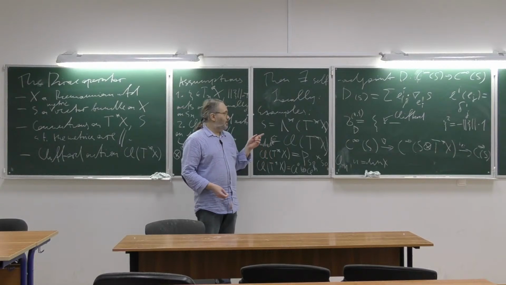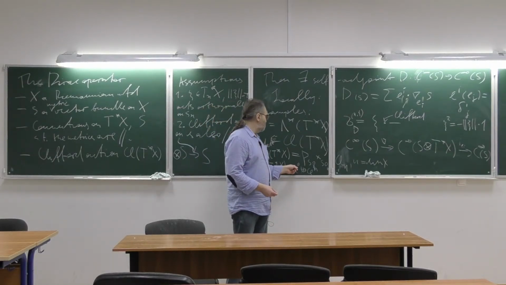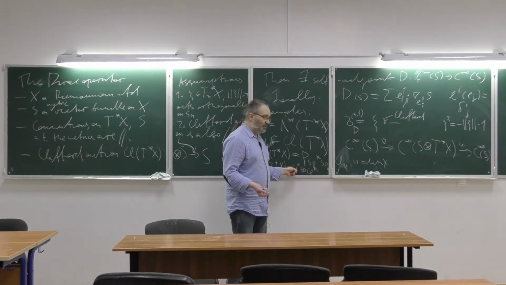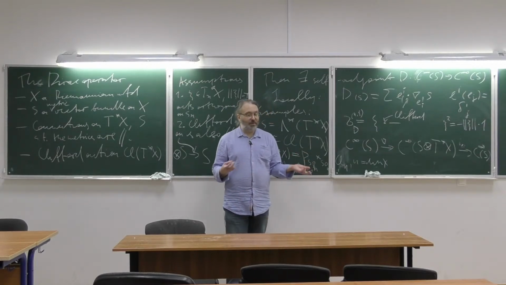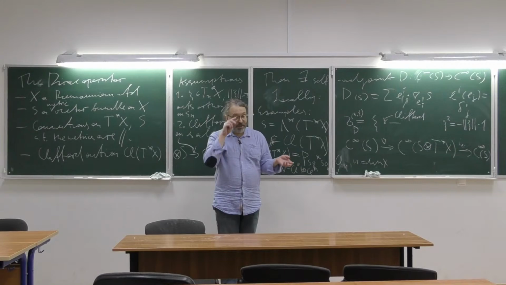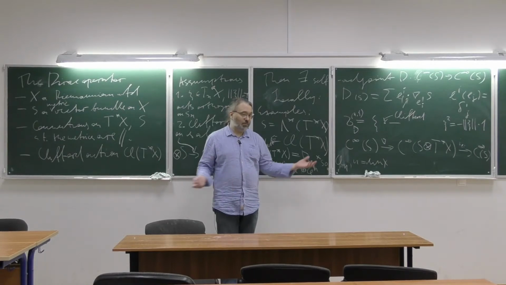Okay. Now we already saw that the operator from the even part to the odd part is interesting, and more precisely, the index of this operator is precisely the Euler characteristic. That's why it's interesting.